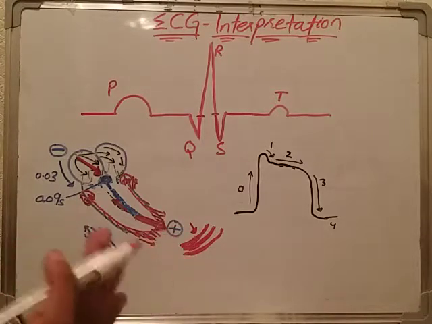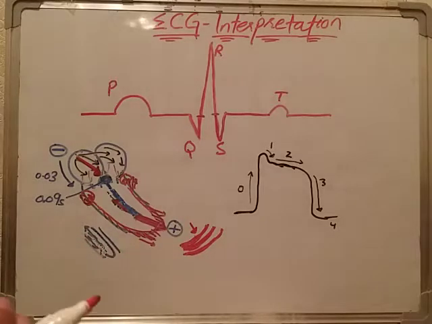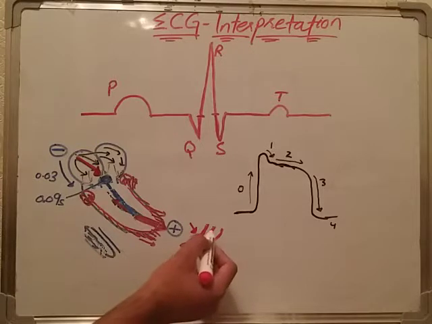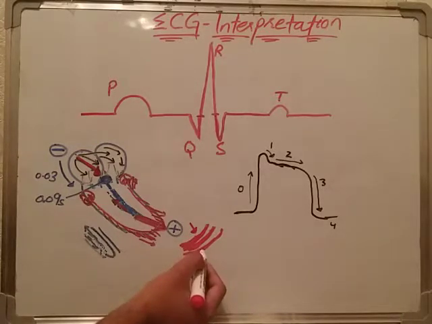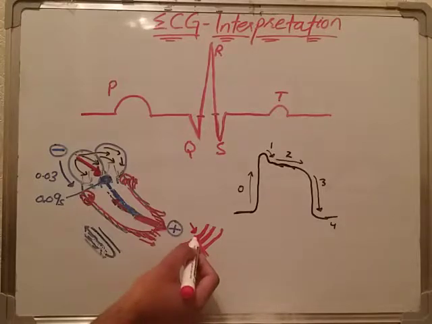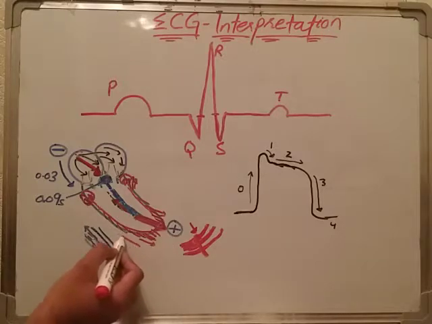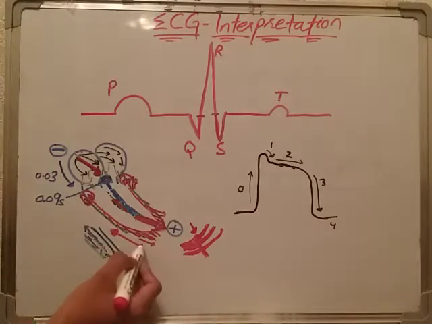It inhibits the blood supply to the inner layer. So the repolarization starts from the outer layer and moves from the outer layer to the inner layer. It means that it's going upward.